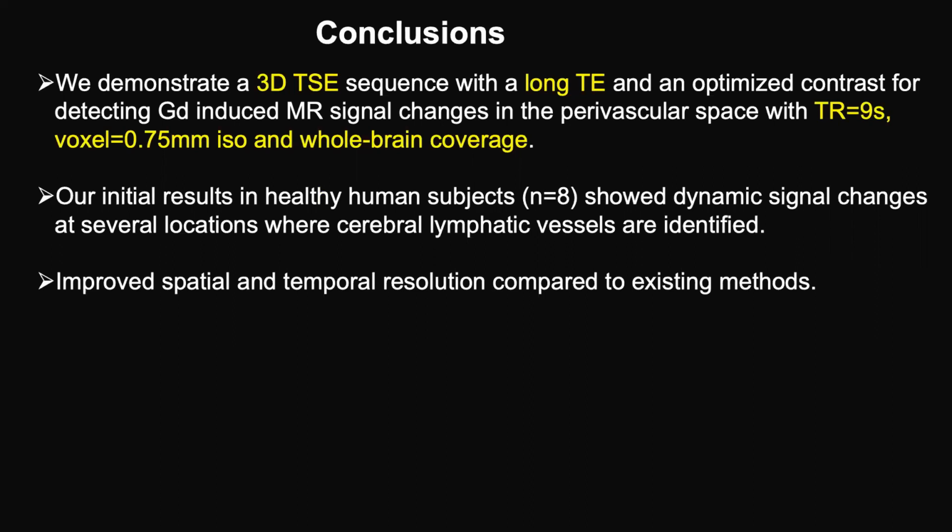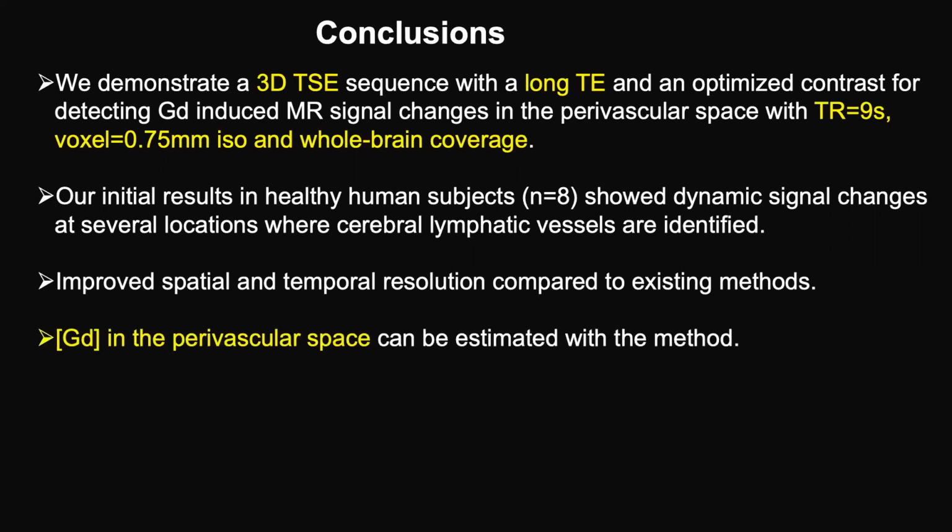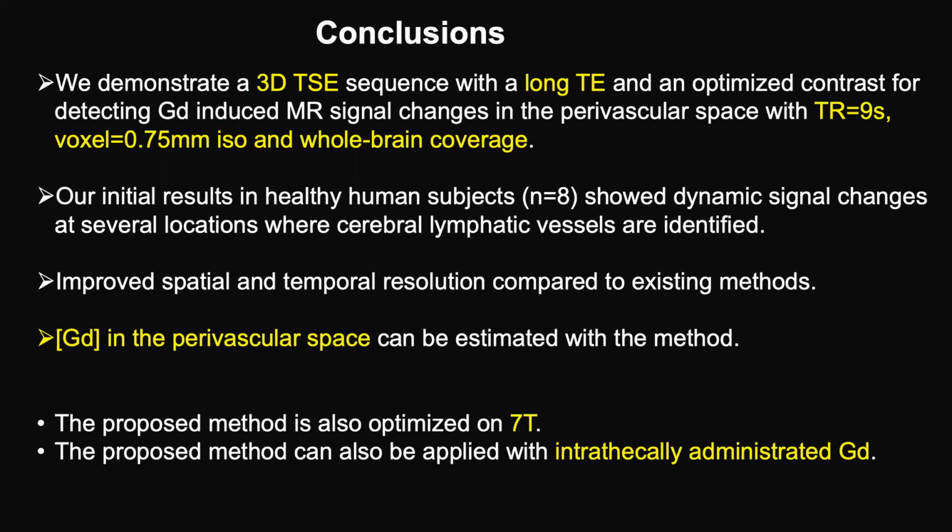Our method could achieve much higher temporal resolution compared with existing methods. And the concentration of GAD in perivascular space is for the first time being estimated using our method. And our method is also optimized at 7T and could also be used in intrathecal injection of GAD studies.